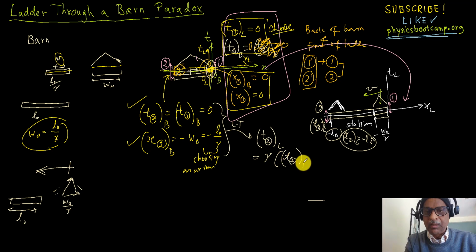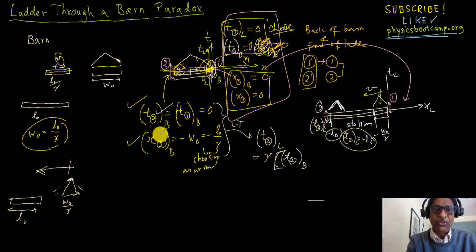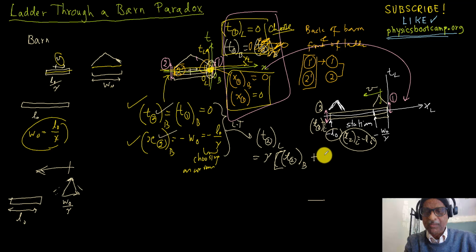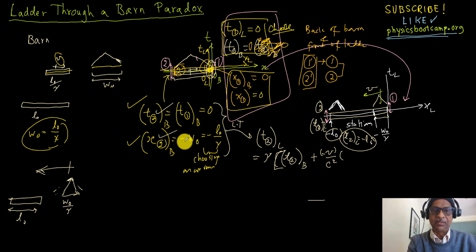T2 in the ladder frame: we use the barn frame values and the V over C squared term. Since V is negative, it's going to be minus negative V over C squared, times this distance, x2b, where we use x2b with minus W0. But the other term is 0.